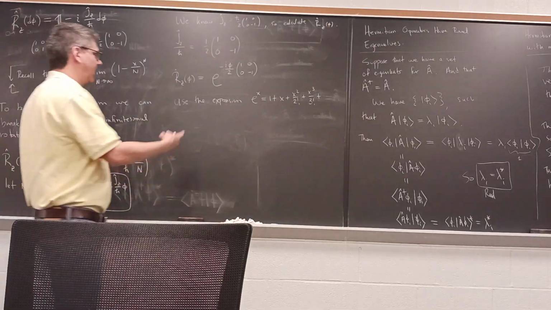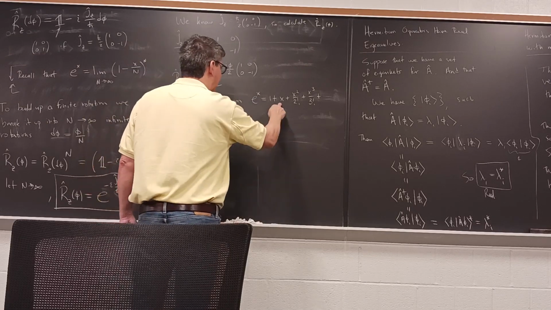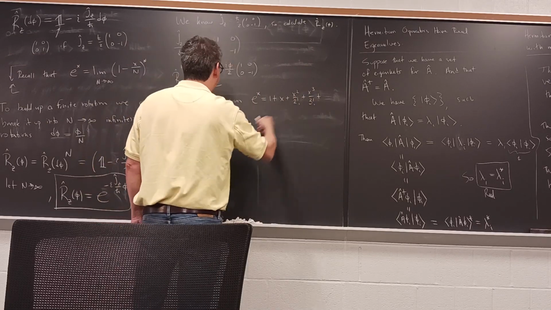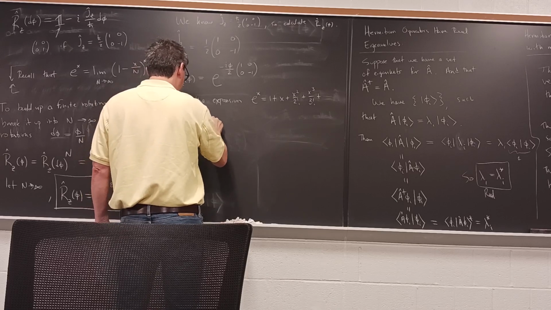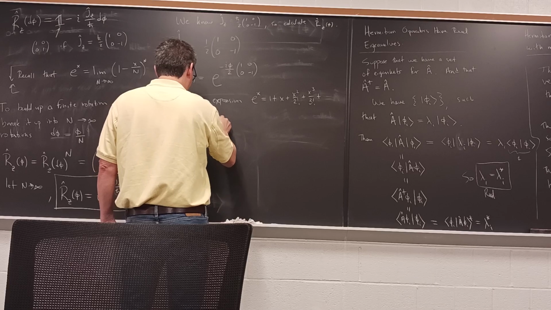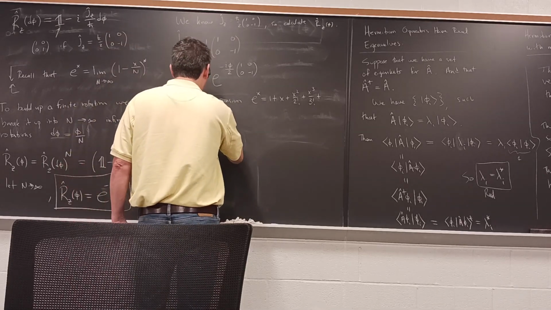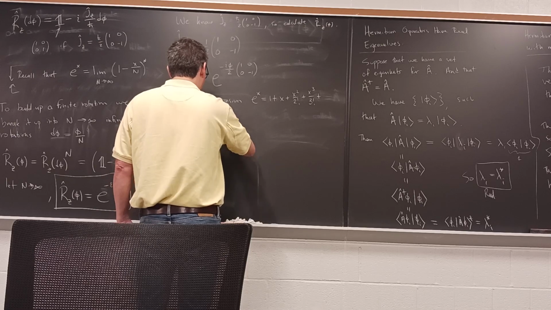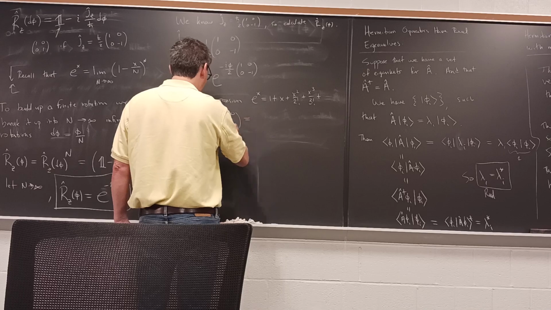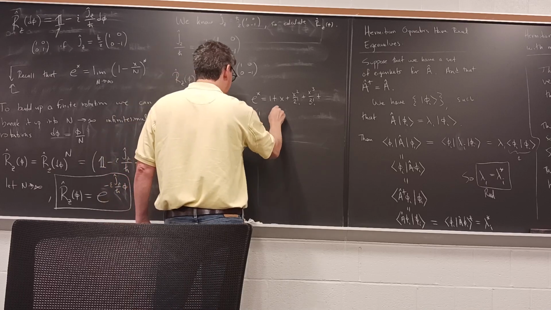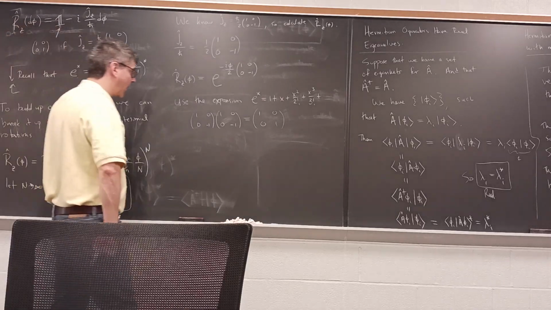So first of all, let's just examine the matrix. We're going to have to take this matrix to different powers. For the first power, it's obviously just this matrix, but for the second power, squared, we'll get 1, 0, 0, minus 1 squared, which gives us 1, 0, 0, 1. So this is the square.